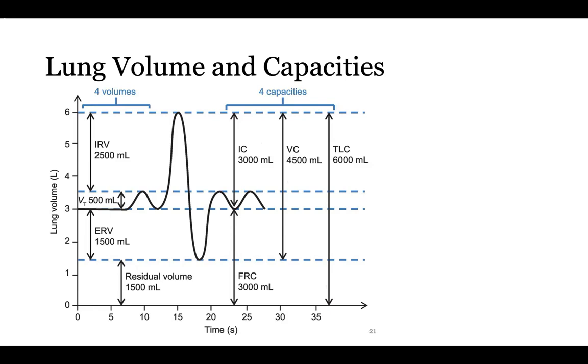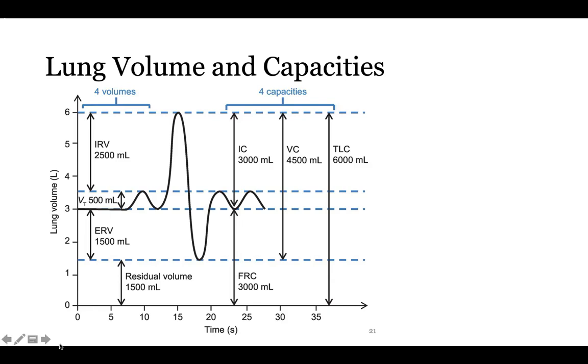The residual volume cannot be measured by spirometry, because spirometry is only able to measure the air that goes in and out of our lungs. The residual volume does not go in and out of our lungs. So spirometry can measure all of this except the residual volume.